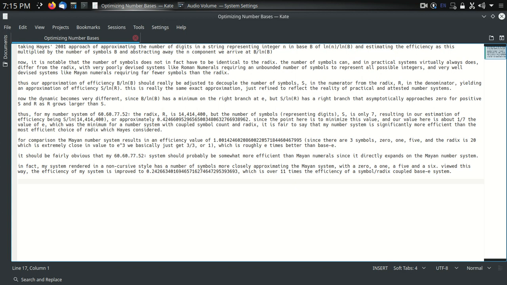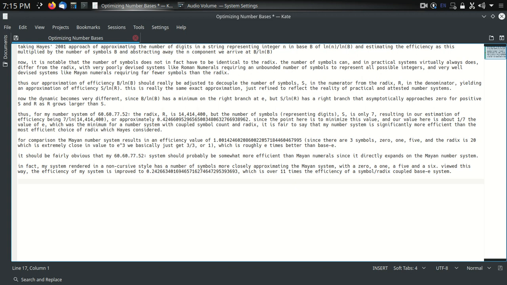Right, so we can represent 0, 1, 2, 3, 4, 5, and 6. Resulting in our estimation of efficiency being s, or well, that should be 7. Might as well just be 7. 7 on ln of 14,414,400. ln of that number is a little bigger than 16, so we get a little bit less than a half.